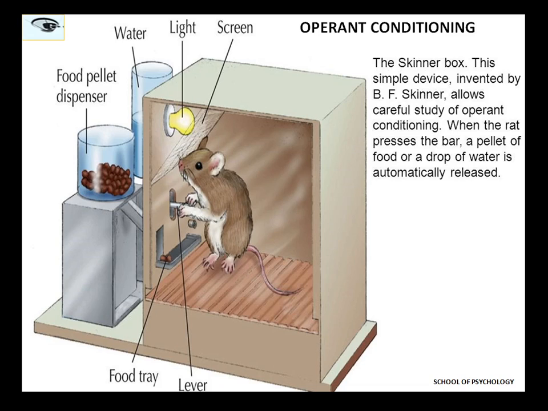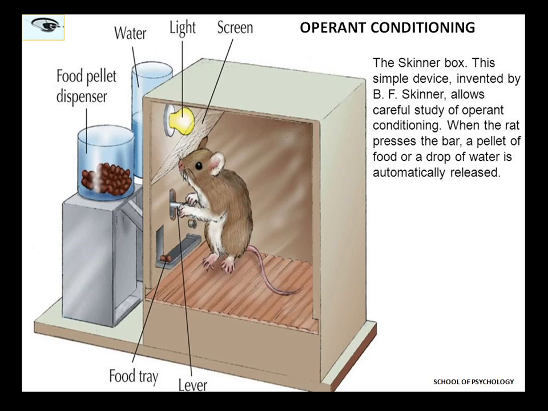These reinforcers the rat is getting increase the probability of the rat always going into the chamber and pressing the lever time and again. So it is increasing the probability of this kind of behavior, and it will continue to occur again and again in the future.